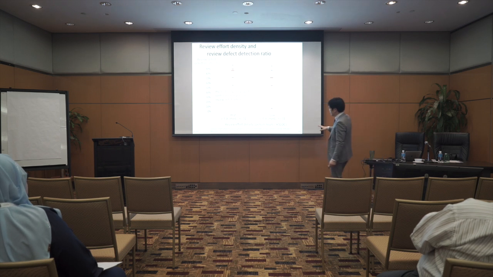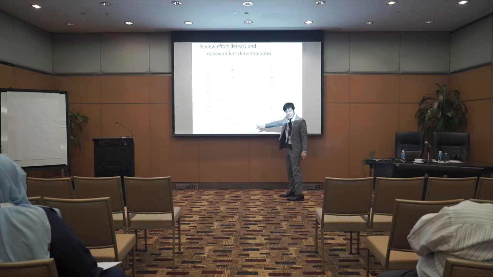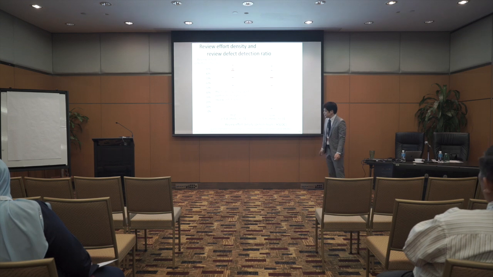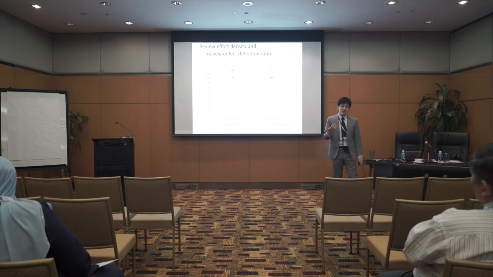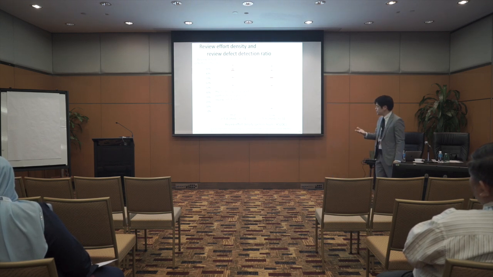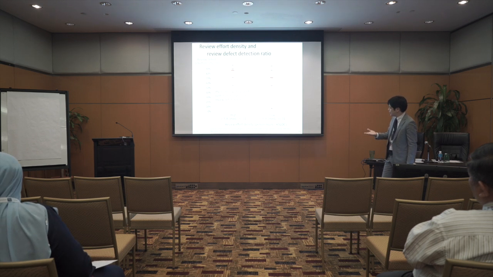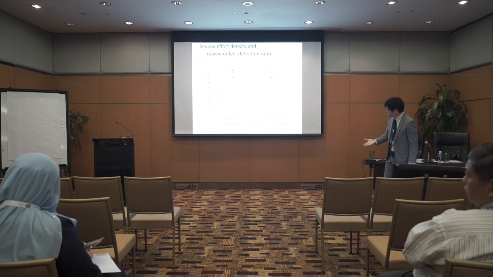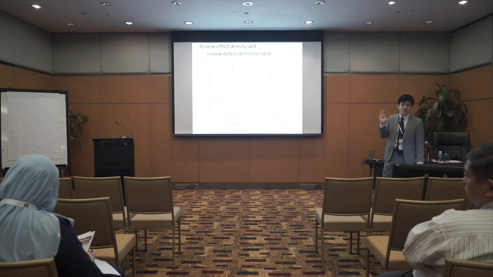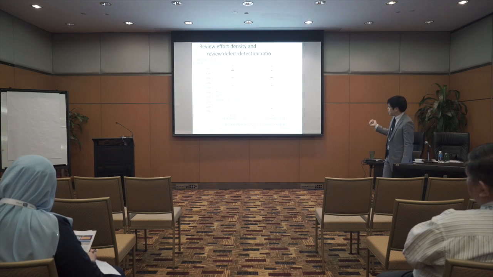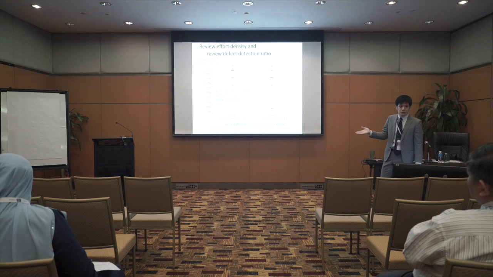And also review effort density, which means how much effort the project pays for the review, including design review and code review, in person hours per kilo source lines of code.